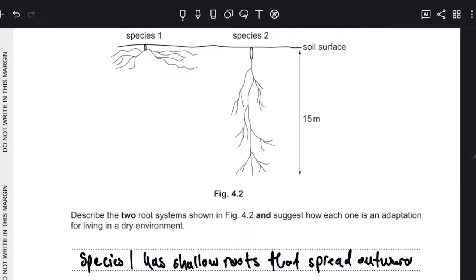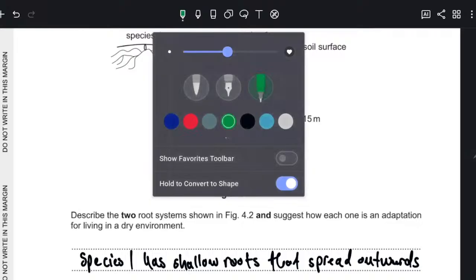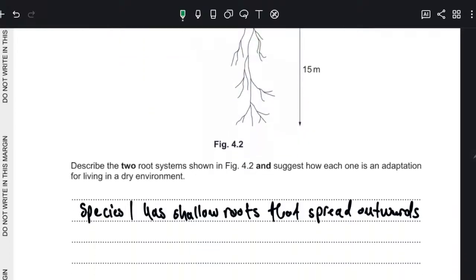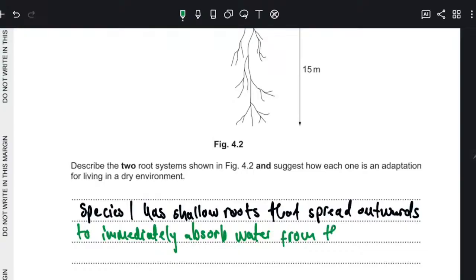What did we say about the roots, class? Species 1 has shallow roots that spread outwards. Why? To immediately absorb water from the soil after rain. You can say, or from the surface of the soil after rainfall.